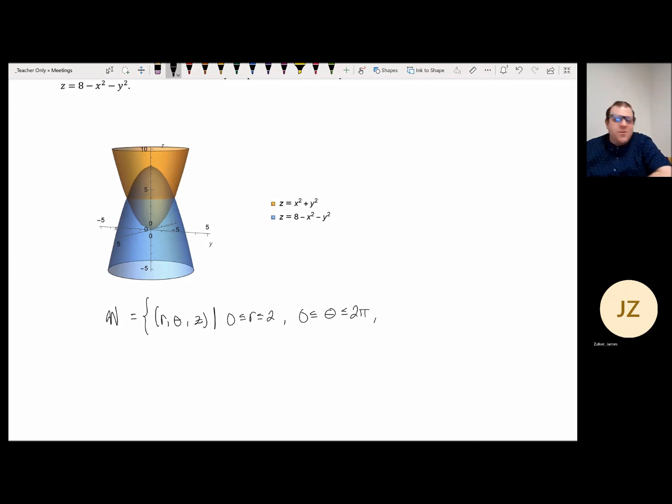So the orange in cylindrical coordinates is z equals, and then it goes up to the blue, represented in cylindrical as z equals. There's your solid.